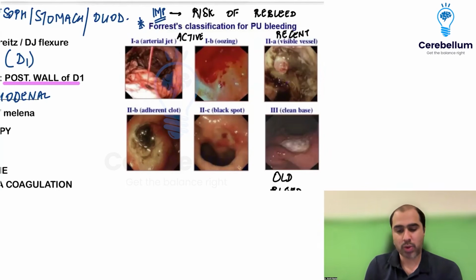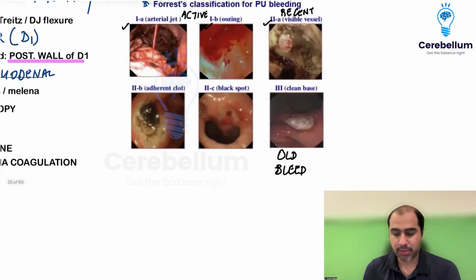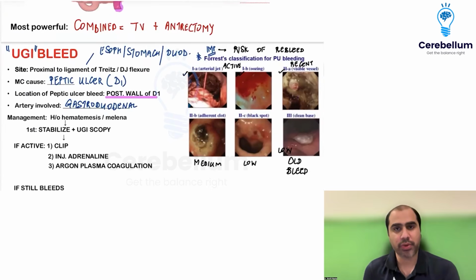So 1A, 1B and 2A, high risk. 2B, medium risk. And 2C and 3, low risk. So it tells me risk of rebleed. Percentage, no, but at least the meaning you should know: high risk, medium risk, low risk.